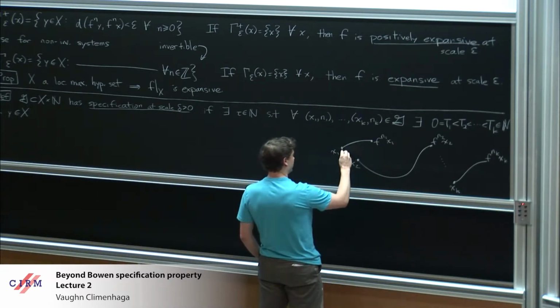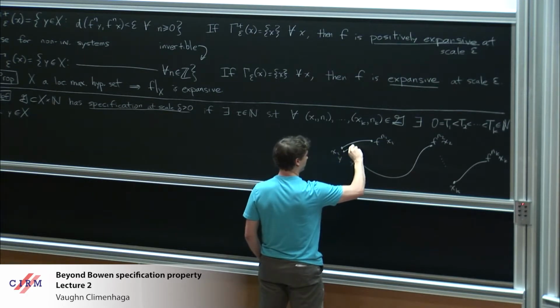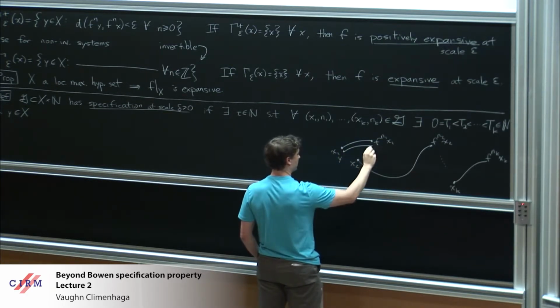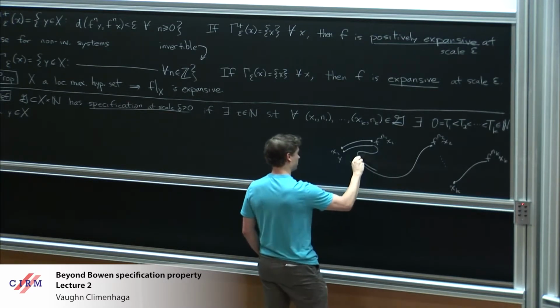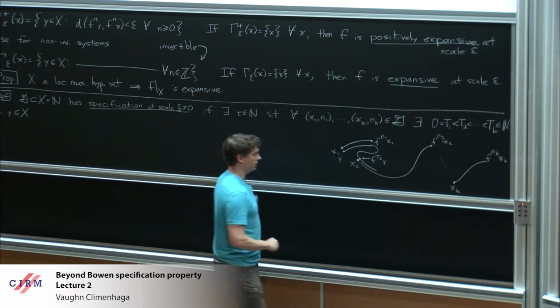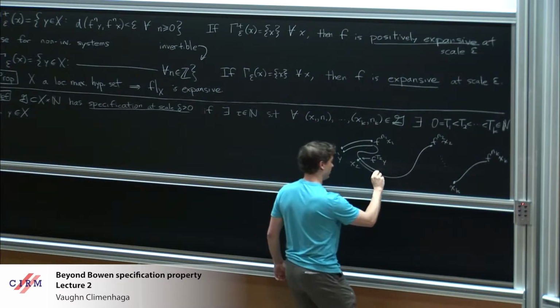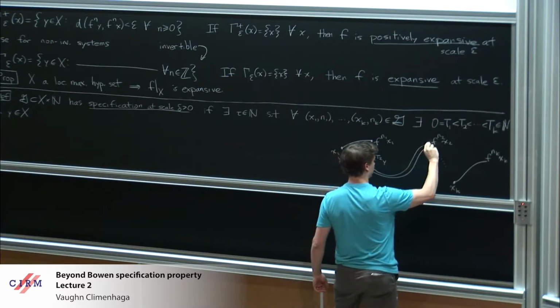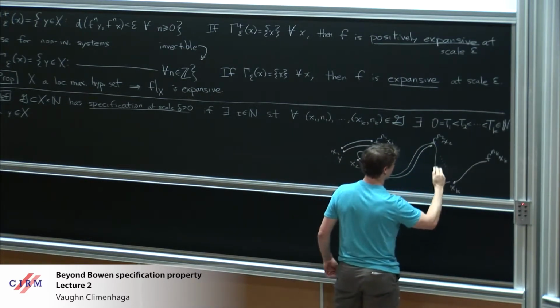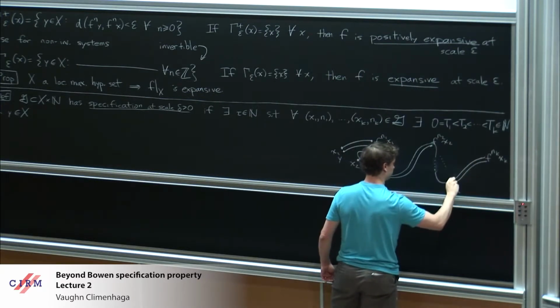So what you want is a point y, which follows the orbit of x1 to within epsilon, and then follows the orbit of x2. So this is the point on the orbit of y after time t2, and then it should follow the orbit of x2, and then it should follow all the other orbits in between, and then it should follow the orbit of xk.